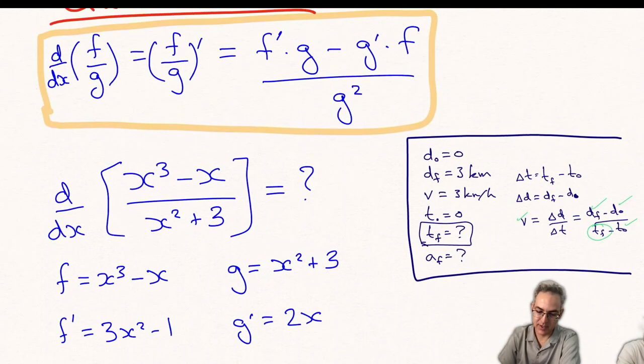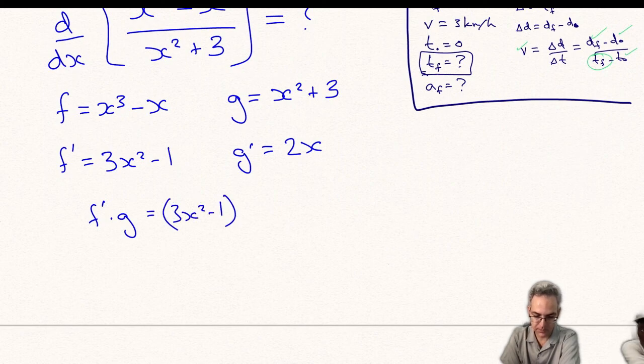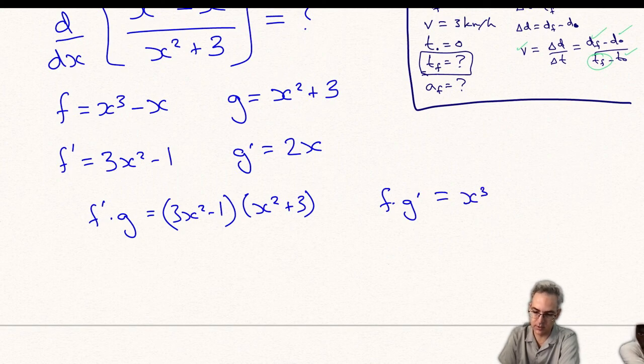So now we apply our f prime times g. So f prime times g is 3x squared minus 1 times g, which is x squared plus 3. And then f times g prime is x cubed minus x, right?